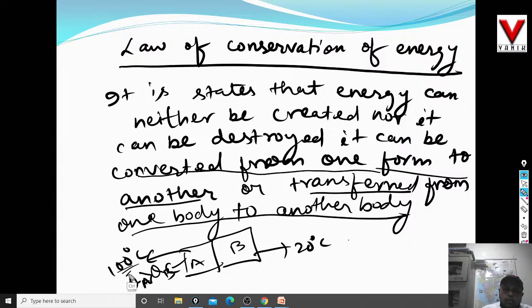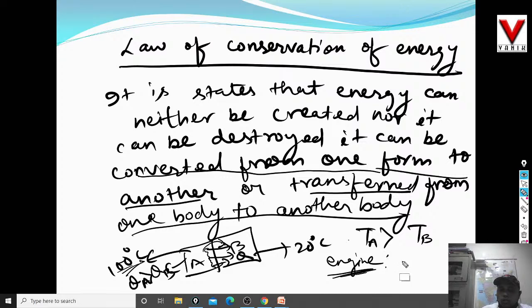Heat will start flowing from A to B. Heat is a form of energy, and that energy is getting transferred from one body to another. This is the meaning of transferred from one body to another. Now converted from one form to another, say I'm having an engine.